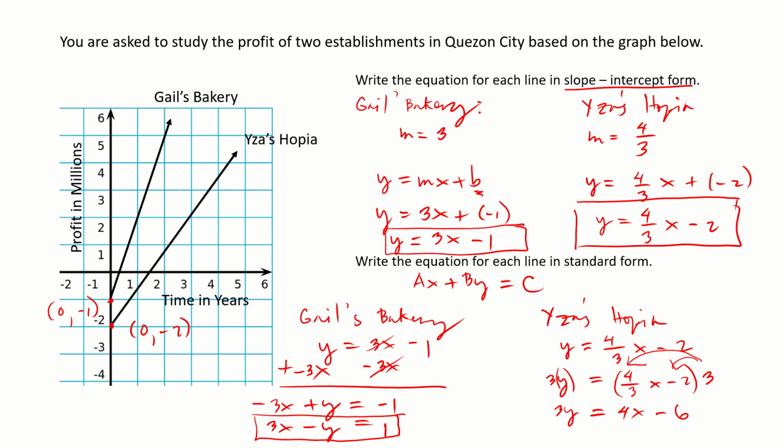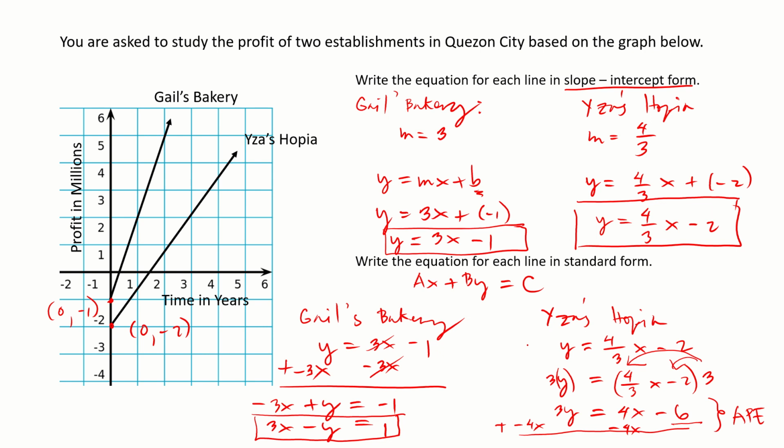And then finally, to isolate the constant term -6, we need to add -4x in both sides. So we are applying here the addition property of equality.